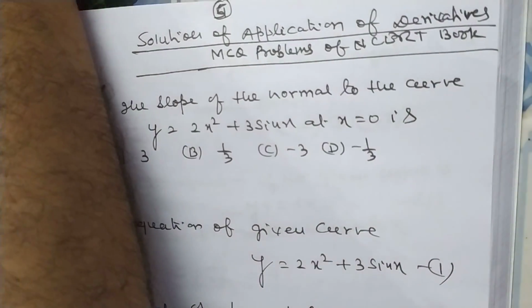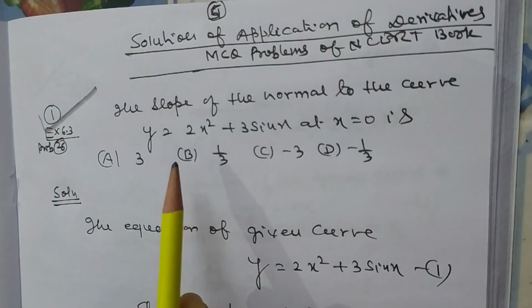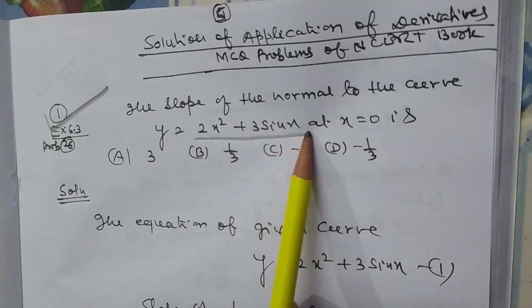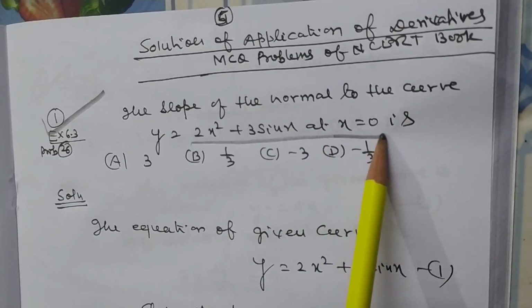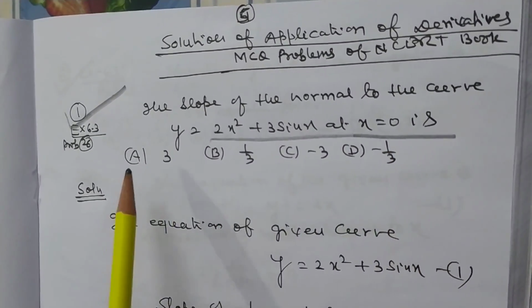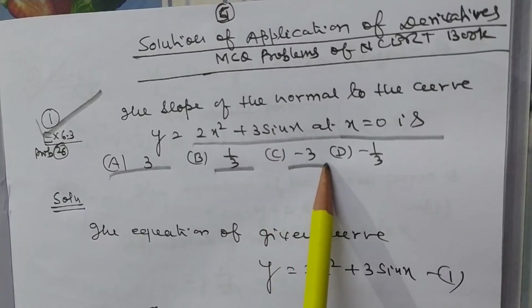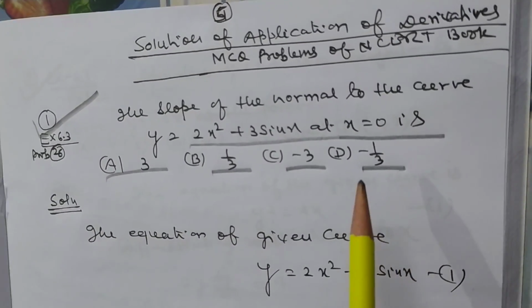The slope of the normal to the curve y is equal to 2x square plus 3 sin x at x is equal to 0 is: 3, 1 by 3, minus 3, minus 1 by 3.